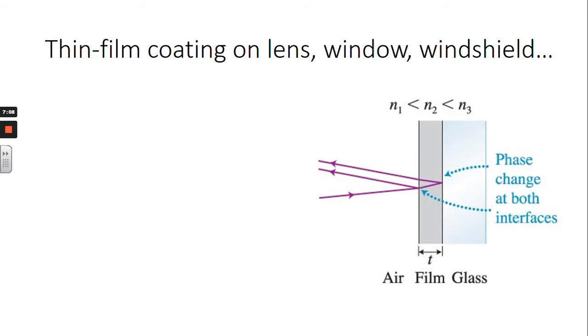Let's say you're now looking at the thin film coating on something like a lens or a window or a windshield. In this case, you get phase changes at both reflections because you're always going into a more optically dense material. So you get wave 1 reflected off of the surface, wave 2 reflected off of the back surface.